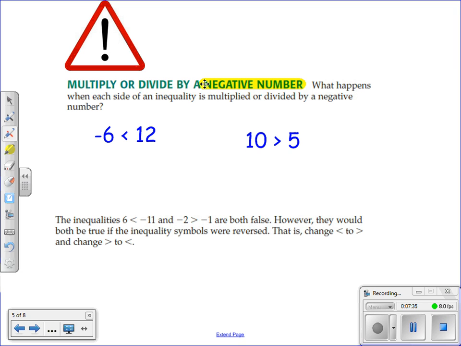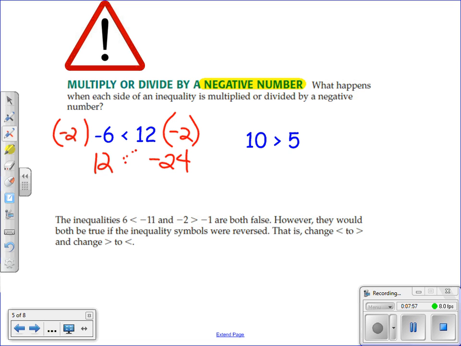If I multiply negative 6 times a negative number, say negative 2, and then I multiply the other side also by negative 2. Negative 2 times negative 6 is positive 12. 12 times negative 2 is negative 24.